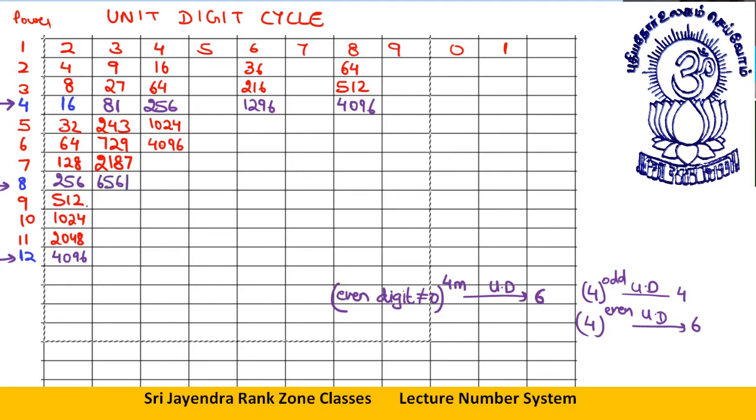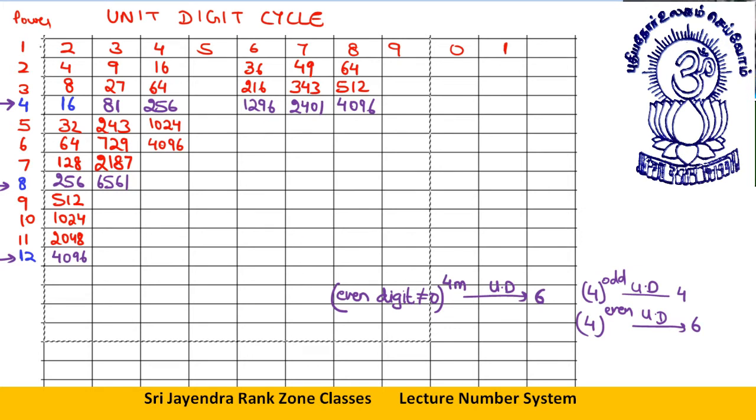6561. More powers. Okay, let's move to the power cyclicity of 7. 7 to the power 1 is 7, 7 to the power 2 is 49, 7 to the power 3 is 343, 7 to the power 4, you can multiply this 343 by 7, you will get 2401. What do I observe?